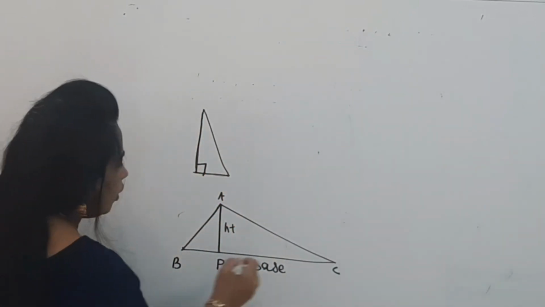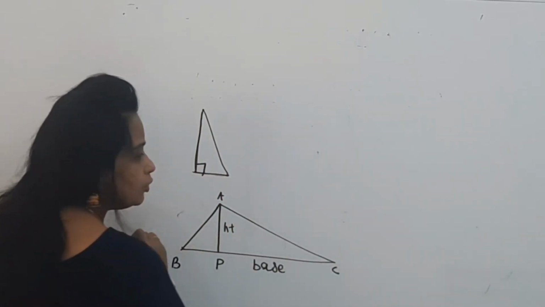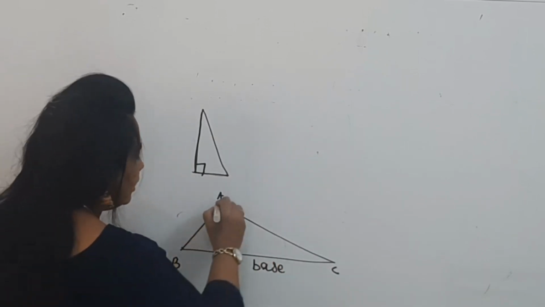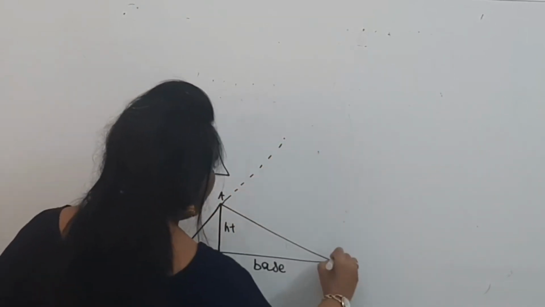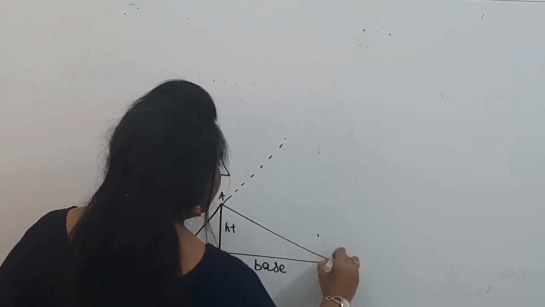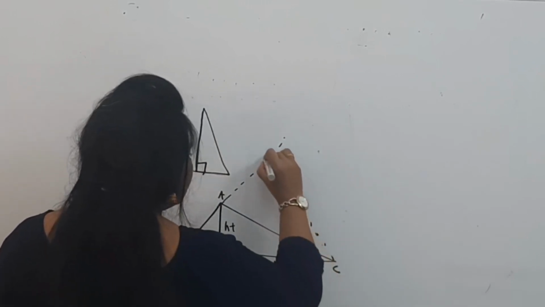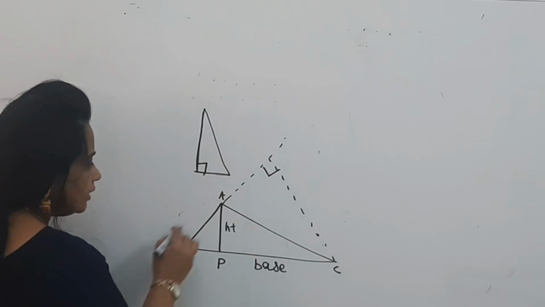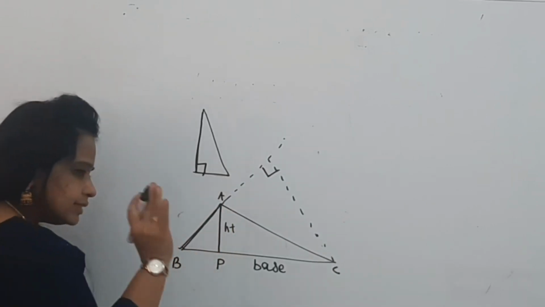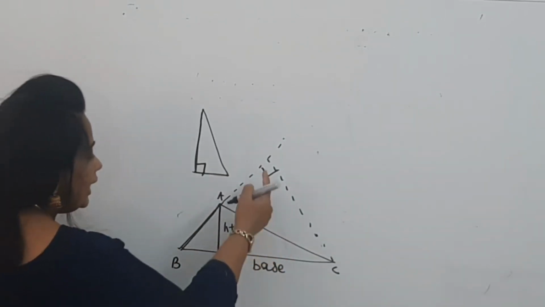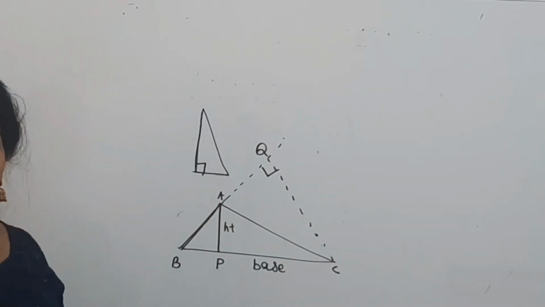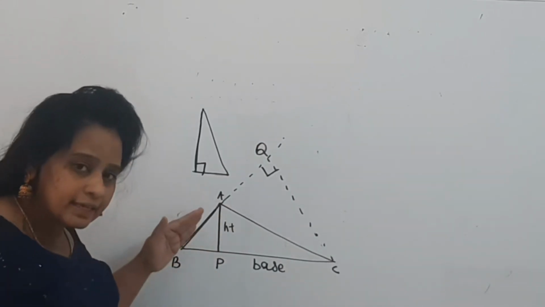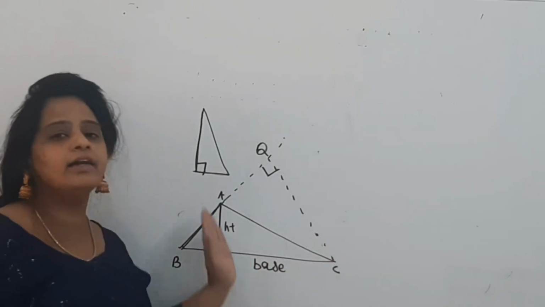So it is not possible to draw 90 degree here. What I do is just extend my base and I get my 90 degree here. So you can see here, the base is AB, and suppose CQ is my altitude for this base AB of this triangle ABC.